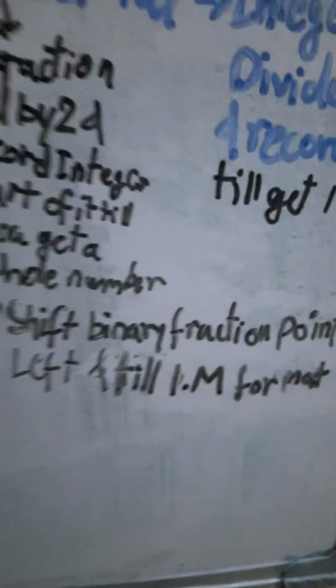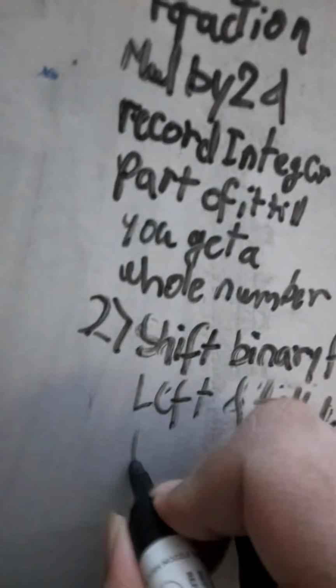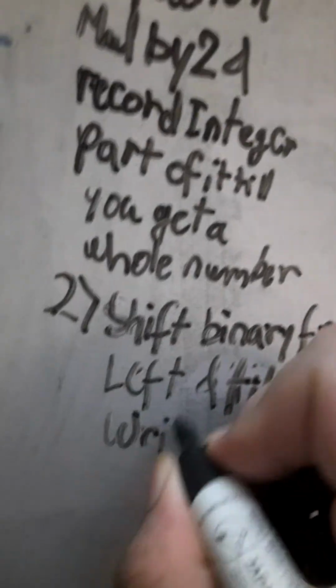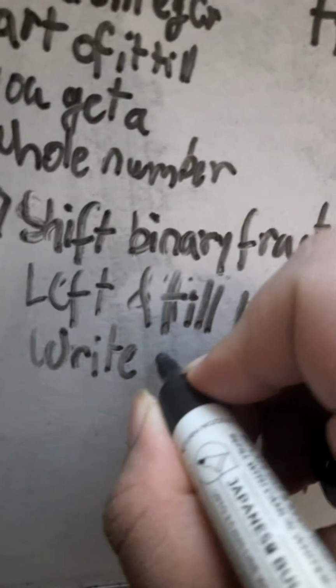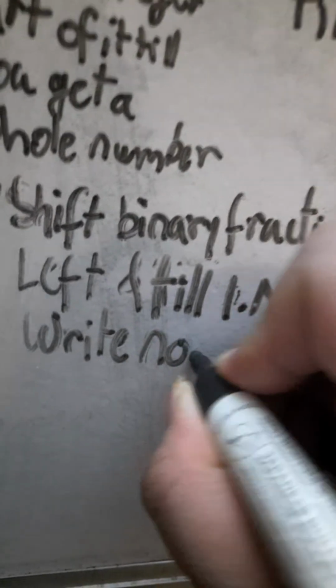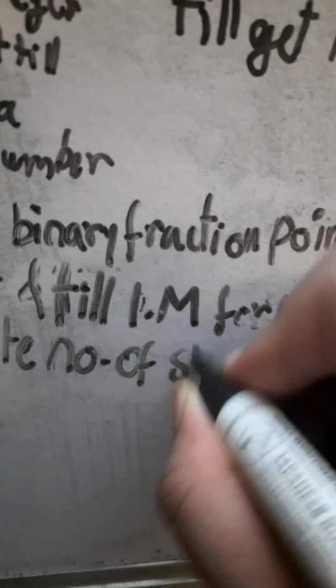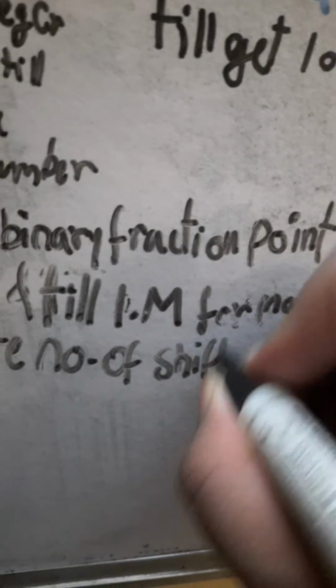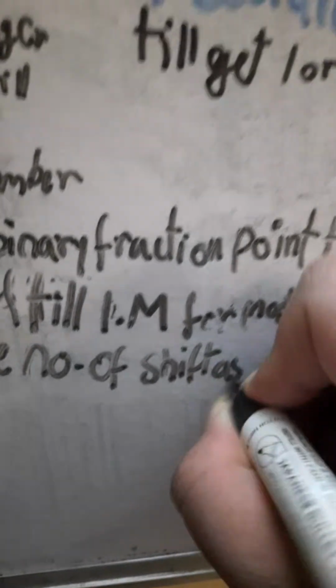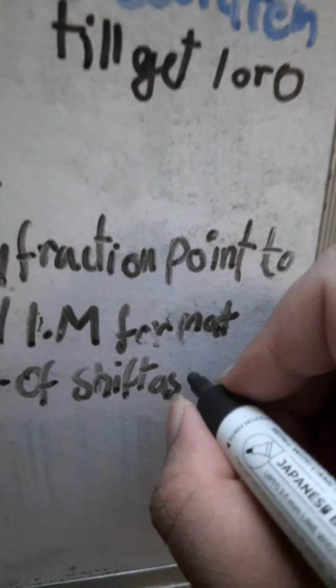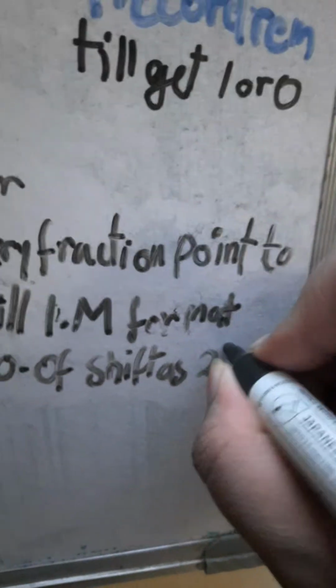Then after I shift the fraction point, write the number of shifts as 2 raised to n, multiplied by 2 raised to n.